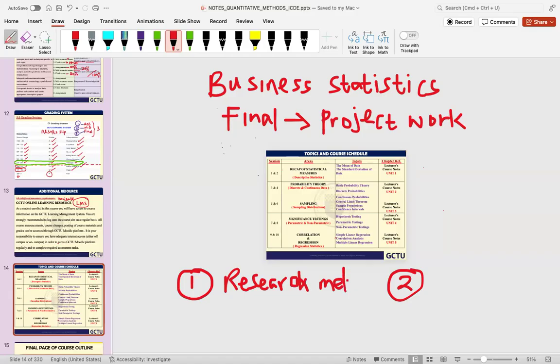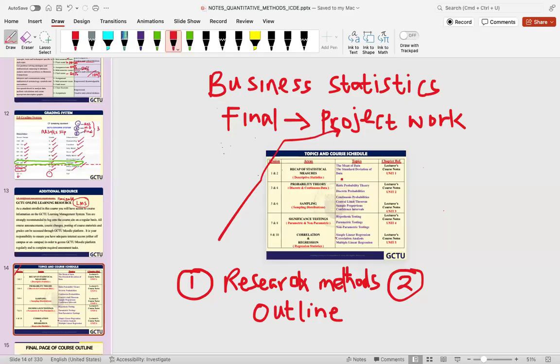And I'm sure either you are doing it or you may do it later. So research methods will really outline all the various components you will need for your project work.